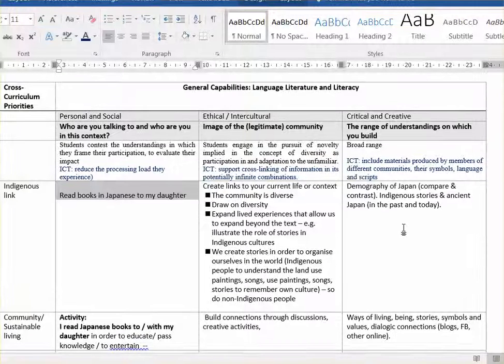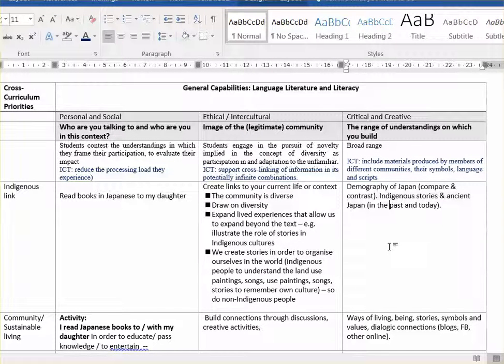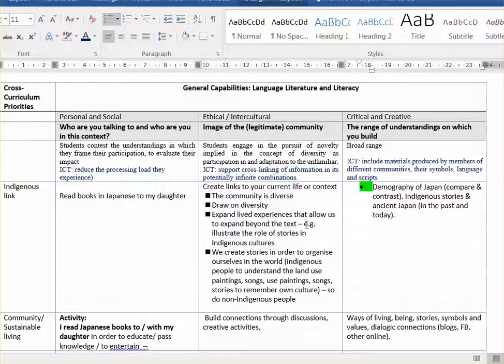So in the range of books, we could have a discussion about it. I put here things like you should consider the demography of Japan. I don't think Japan is a unitary society. There is no such thing as a unitary society. So when you choose books, you want to reflect the Japanese diversity.